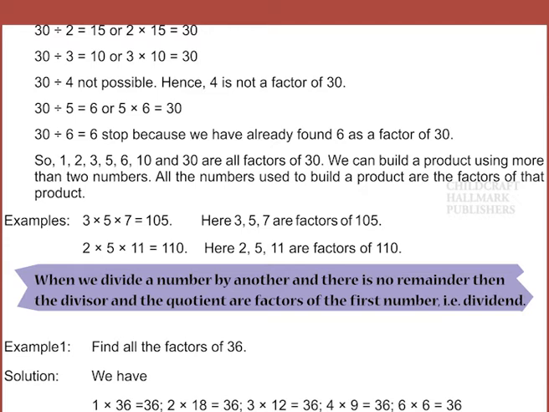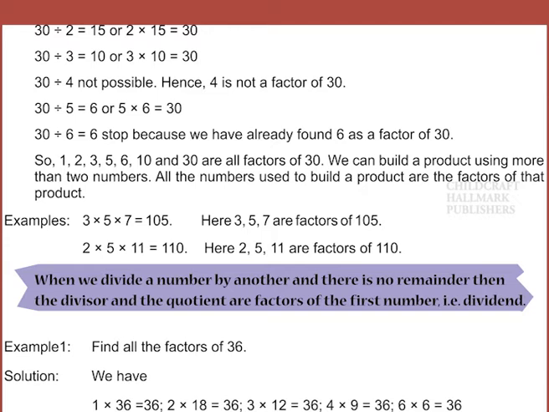Hence, 4 is not a factor of 30. 30 divided by 5 is equal to 6, or 5 into 6 is equal to 30. 30 divided by 6 is equal to, stop, because we have already found 6 as a factor of 30. So, 1, 2, 3, 5, 6, 10 and 30 are all factors of 30.